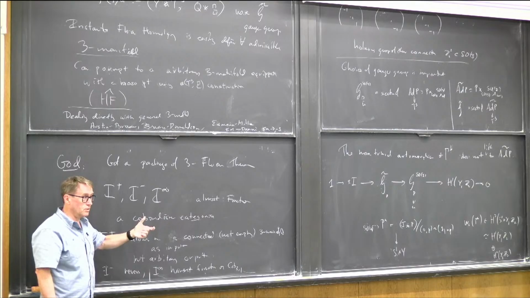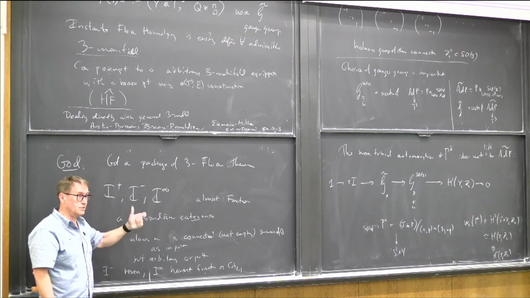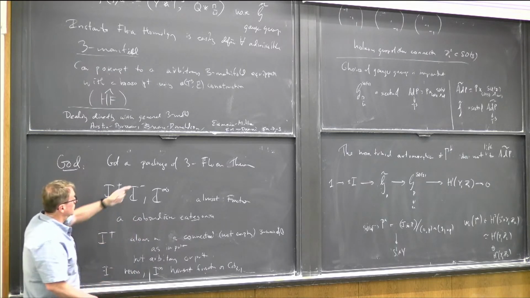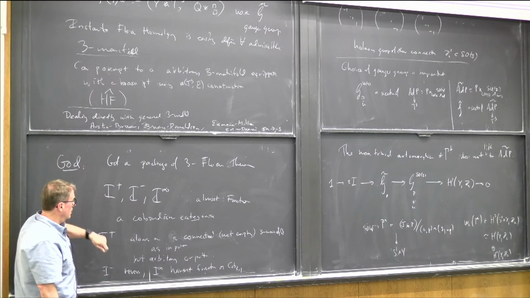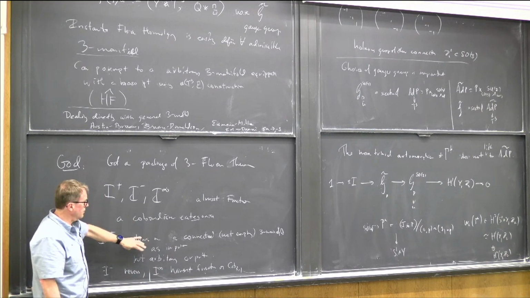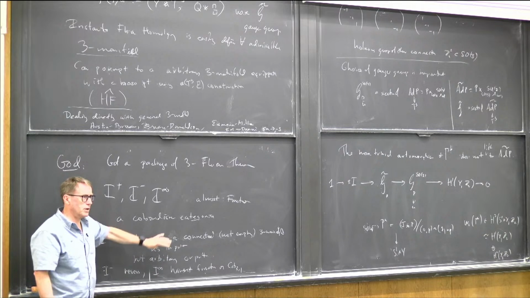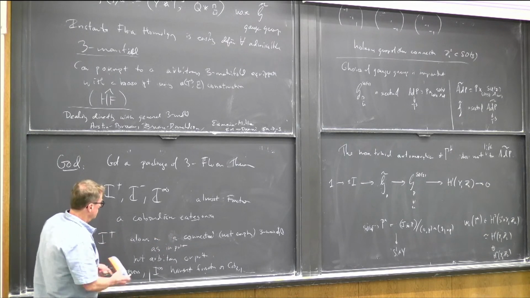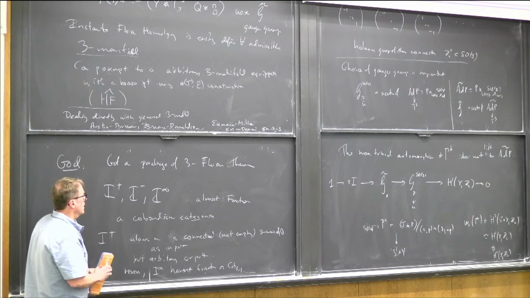But they don't know that it's independent of the choice of perturbation except in some restricted setting. Whereas the Eismeier-Miller stuff, and with Daemi, at least for rational homology spheres, gets that much going. So it's still not quite what you want.